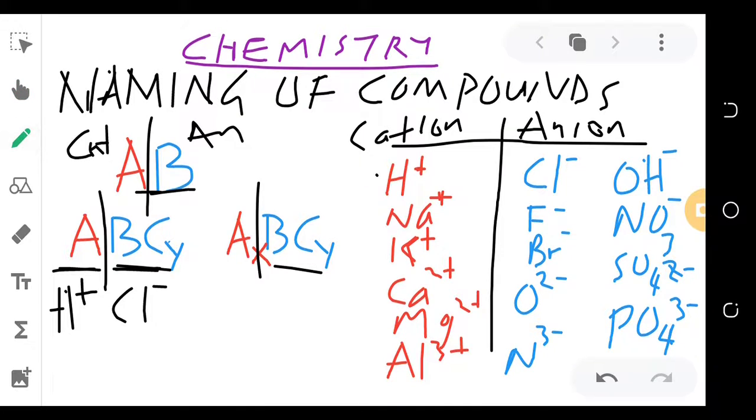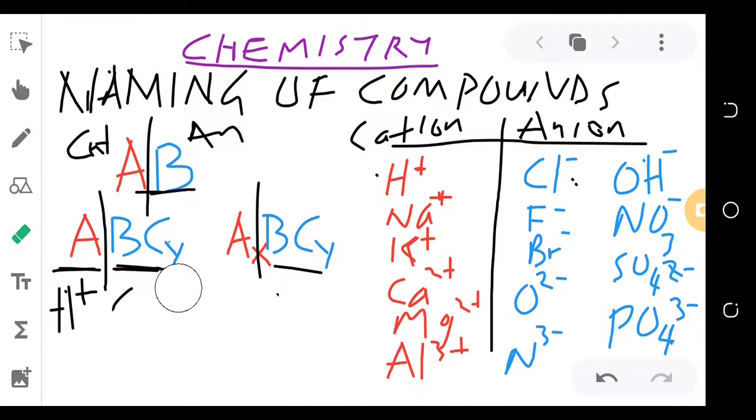So you can simply have HCl, and this is your hydrogen chloride. In naming this, you name it as hydrogen chloride, because this ion is named as chloride, but the atom is chlorine. The ion is chloride and the atom is chlorine. So this is hydrogen chloride.